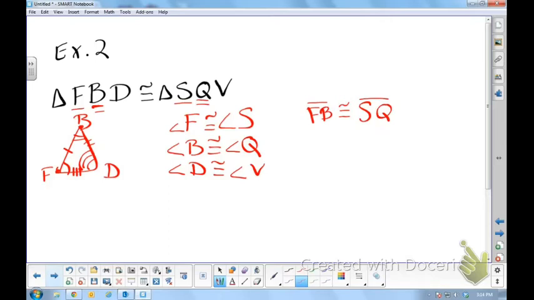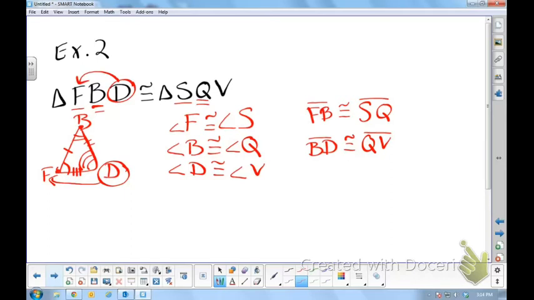Then we do it again, B to D. Side BD would be congruent to, so B was in the middle, D was last. We use Q because that was in the middle, V was last. Now the last one is D to F. We have it drawn here. When we look at this, D to F actually goes last to first.